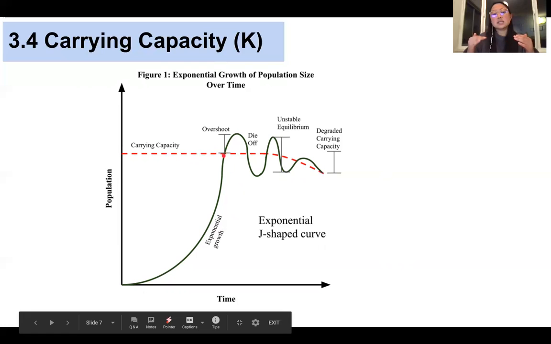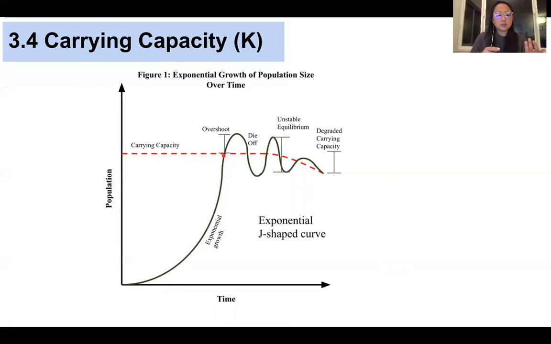Now, all of a sudden it hits the carrying capacity. Maybe the amount of habitat starts running out. There are too many ducks and they're populating too quickly, or there are not enough plants for the ducks to eat. So then carrying capacity hits. Of course, carrying capacity is the amount of organisms within a region that the environment can support sustainably.